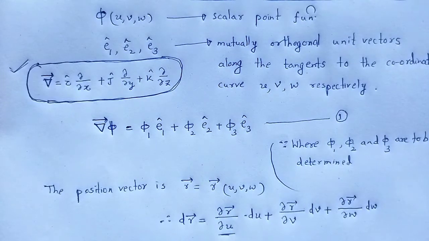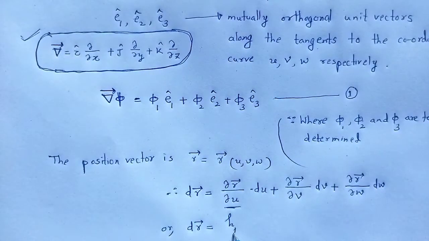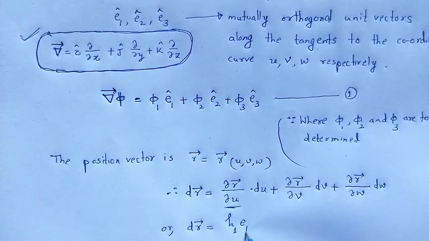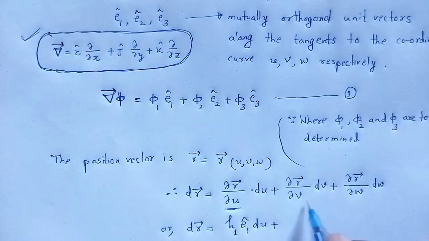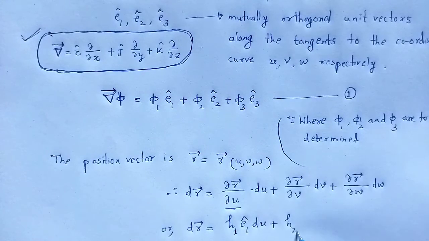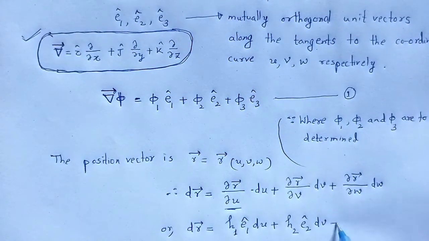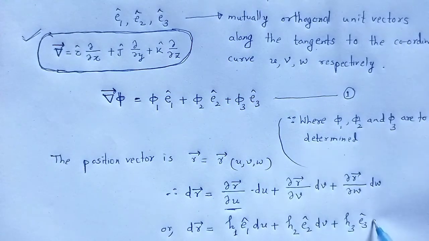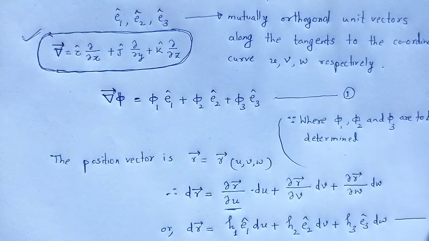Its magnitude is h1 and its direction is e1 cap, into du, plus similarly h2 e2 cap dv plus h3 e3 cap dw. Let this be equation number 2.